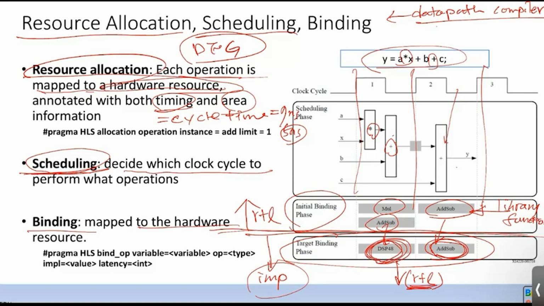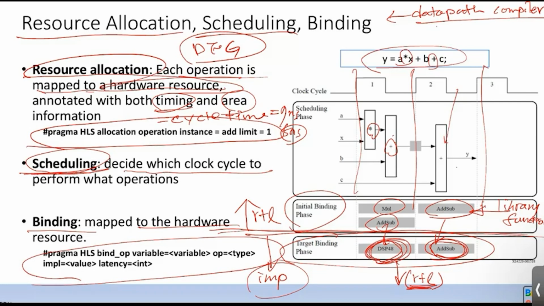For each step, the HLS compiler provides some pragmas. For example, here you can limit how many adders or resource operations you can use. For the physical binding, you can specify what kind of operation, like the latency, or what type of implementation you can use.